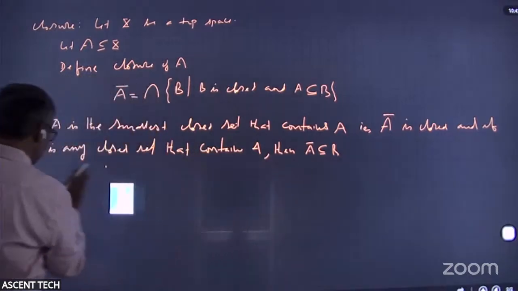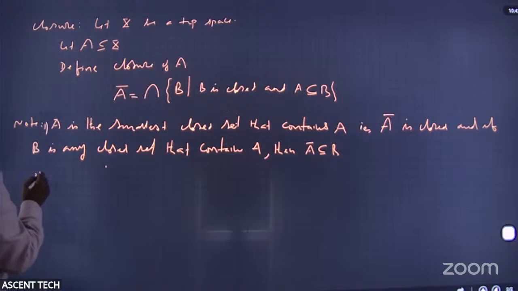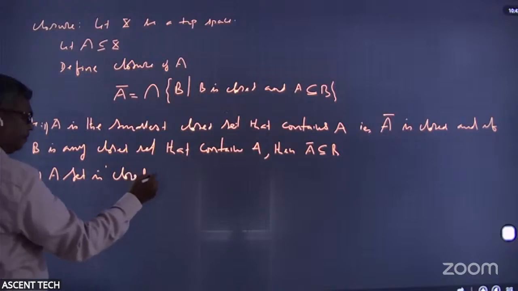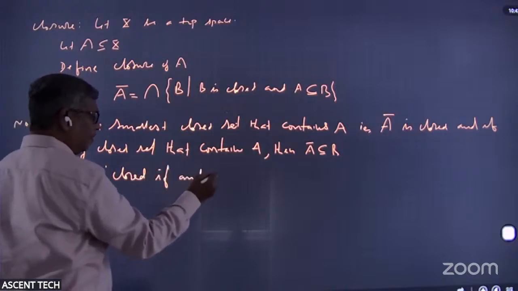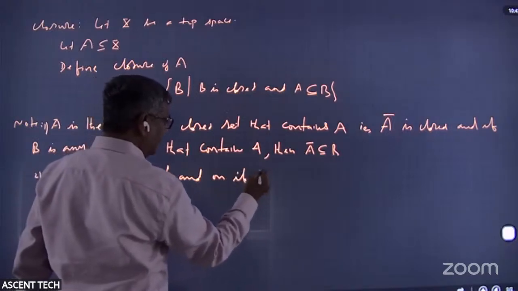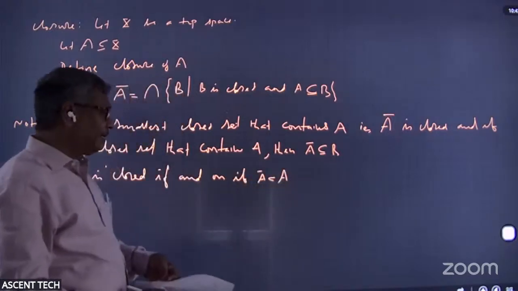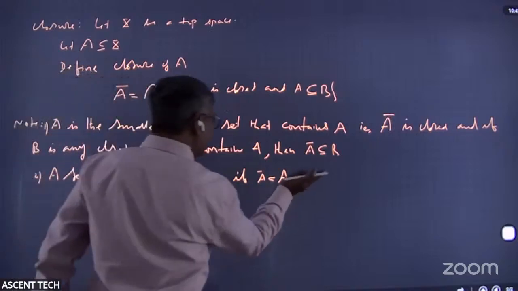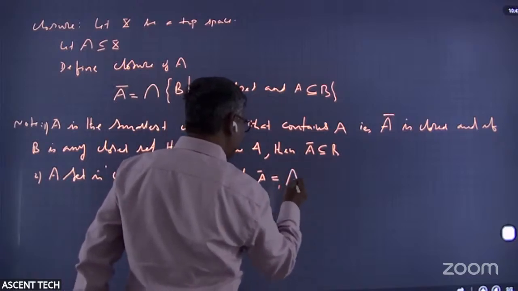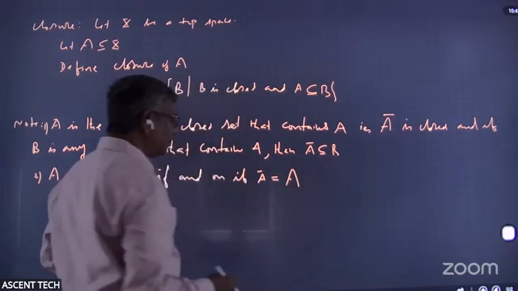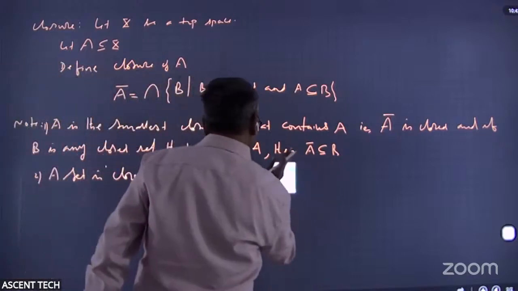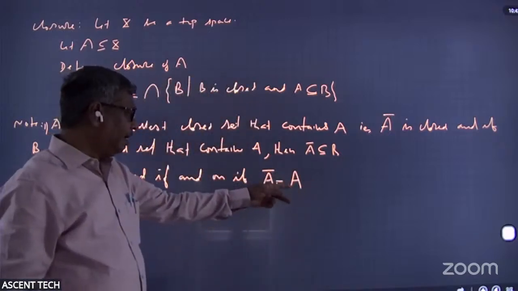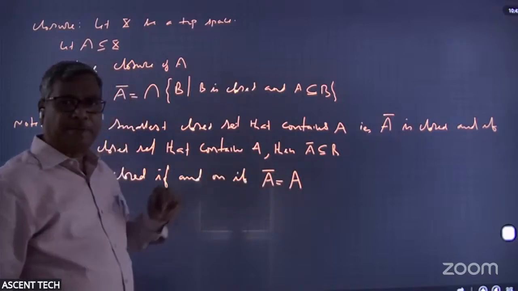Another observation is that a set A is closed if and only if A bar is A. If A bar is A, then A is closed because A bar is closed.